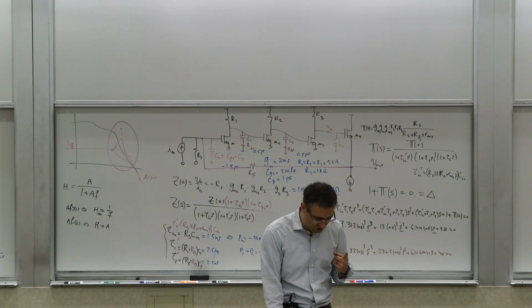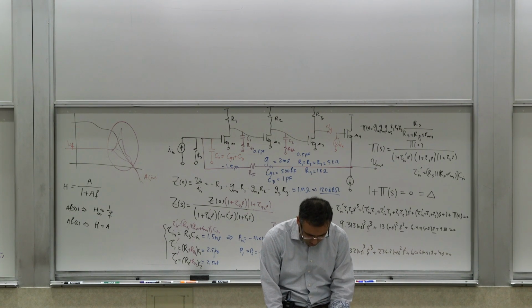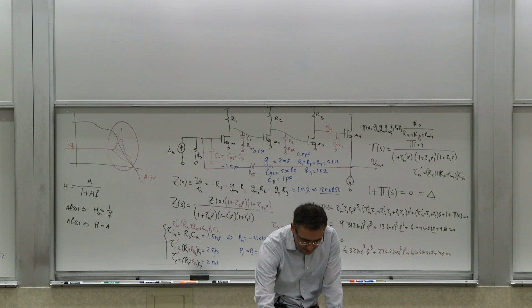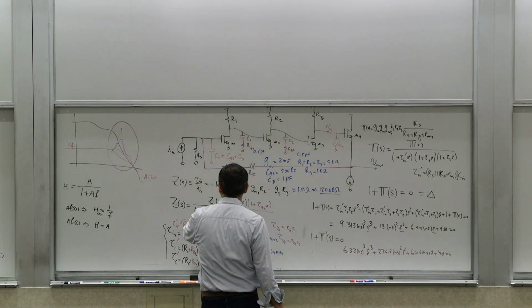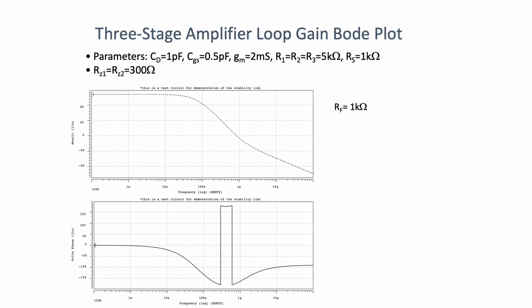But the most important takeaway from this is that if you look at this loop gain that we evaluated, this is the Bode plot of that loop gain. So you see that there are 2 points. And you also see on the phase plot the phase wrapping. So when it goes to negative 180, it comes back to positive 180.